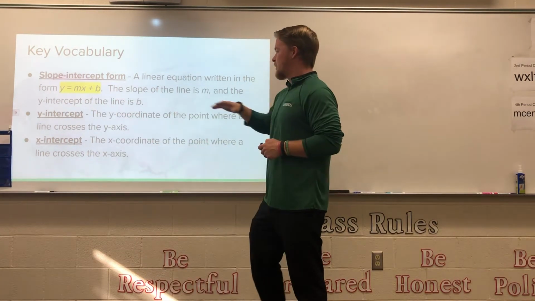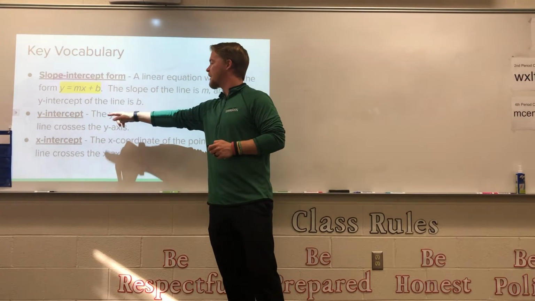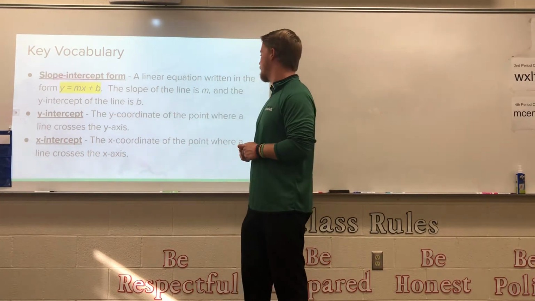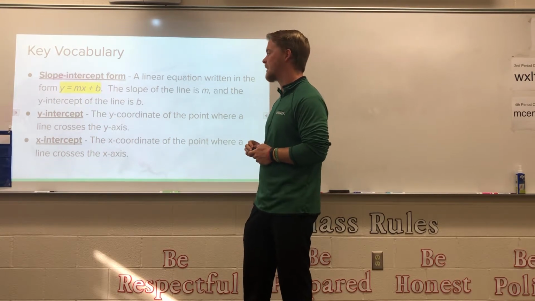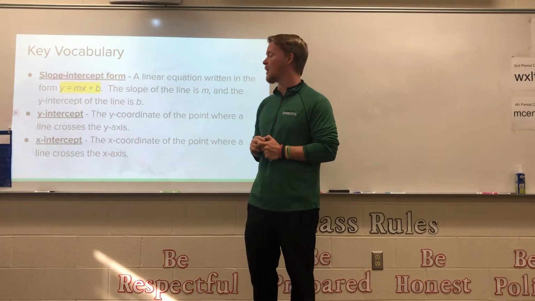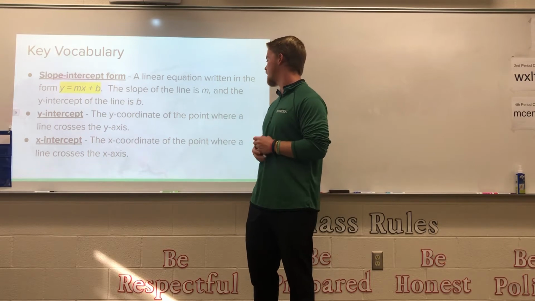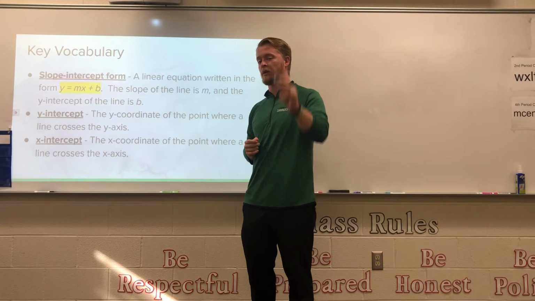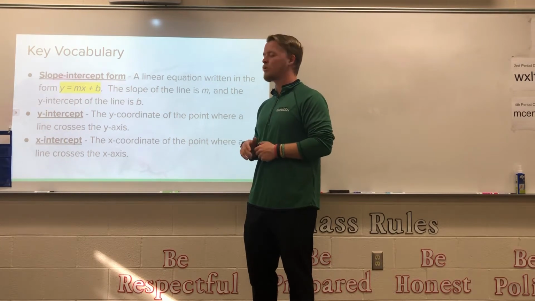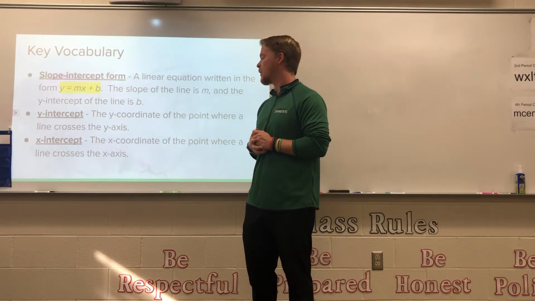Like I already mentioned, the y-intercept is the y-coordinate of the point where a line crosses the y-axis. That's used quite often. It's where the line crosses that y-axis that's running vertically. The x-intercept you don't use as much, but it is still important to know.